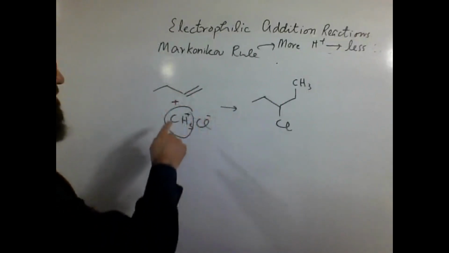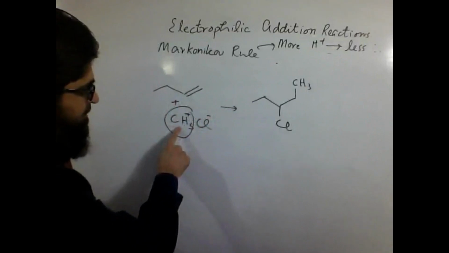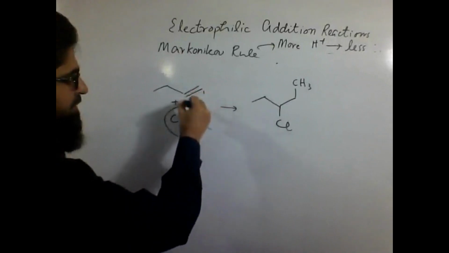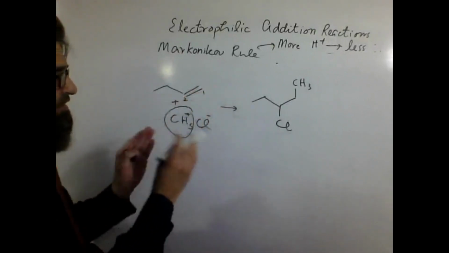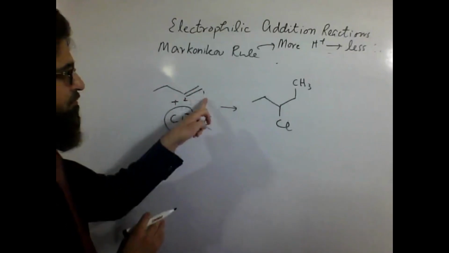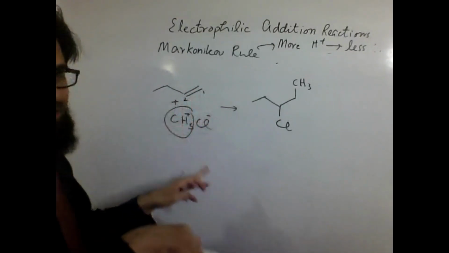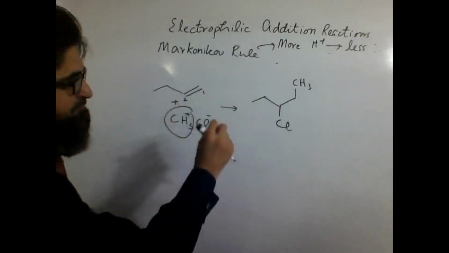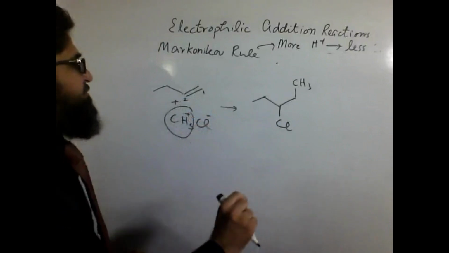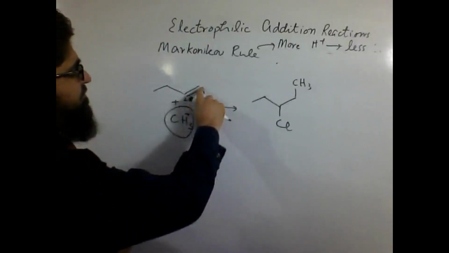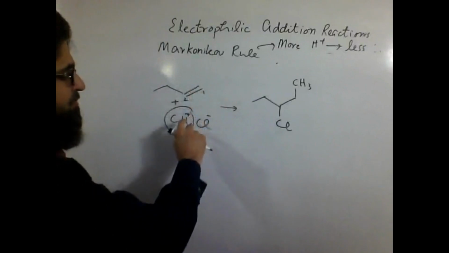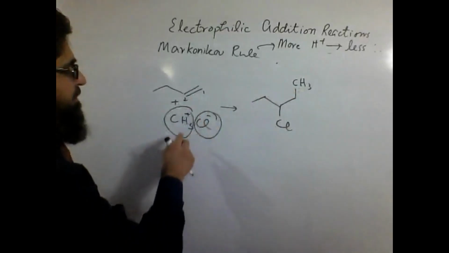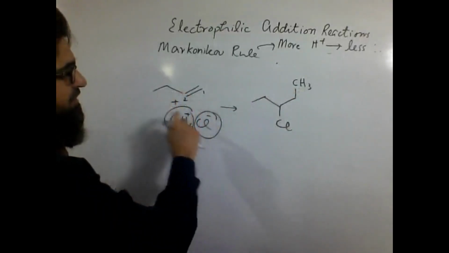Now this electrophile can attack at carbon number 1 or carbon number 2. Where it will attack, it will attack according to the Markovnikov rule, which means this electrophile will attack on the carbon which carries more number of hydrogens. This carries more number of hydrogens, so it will go over here, and the chloride part, the negative part, will attack on the other carbon. So this will be the product.